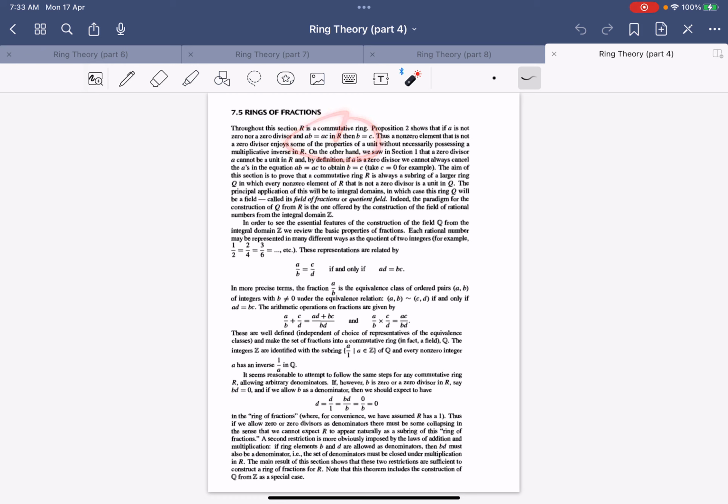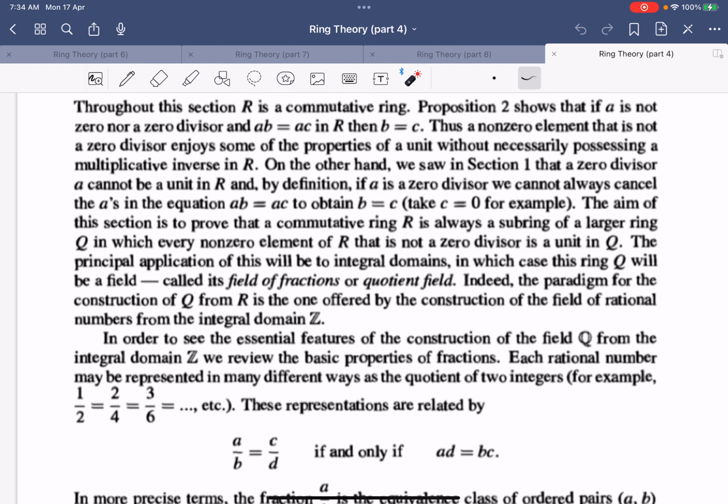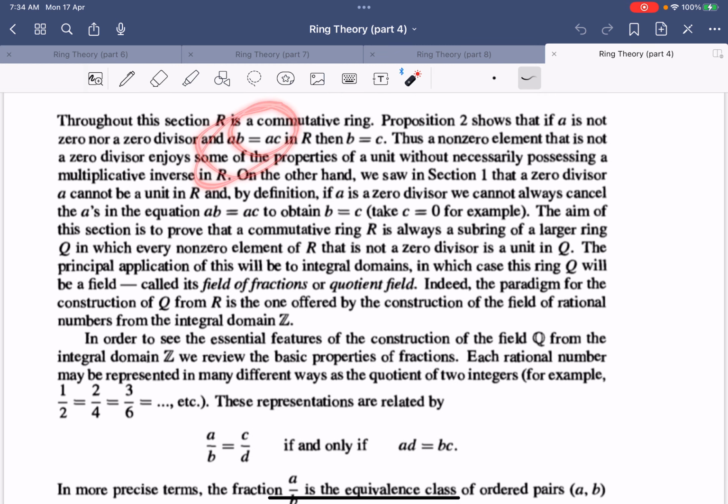then the cancellation laws apply. And thus, a non-zero element that is not a zero divisor enjoys some properties of a unit. Because if A was a unit, then you can just multiply by the inverse and you get the same result, where B equals C, if you see.